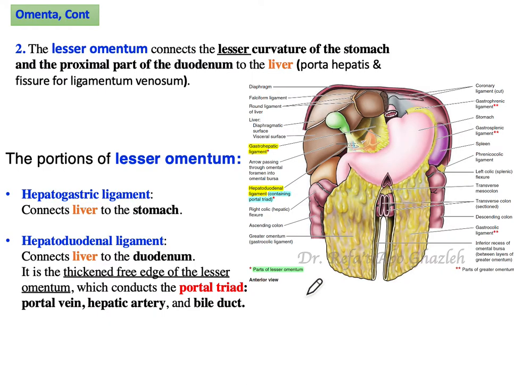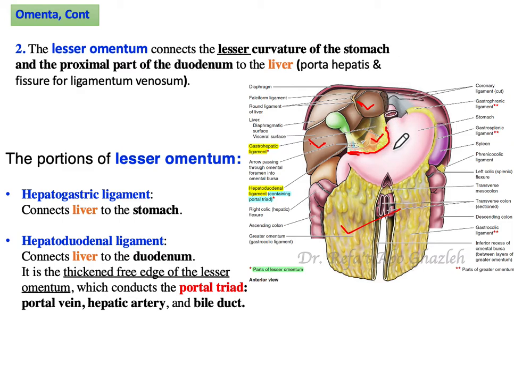Now, what about the other omentum? We know about the greater omentum, but what about the lesser omentum? From its name, it's easier to remember that the lesser omentum connects the lesser curvature of the stomach and the first part of the duodenum to the liver. This is the liver, the right lobe and left lobe.